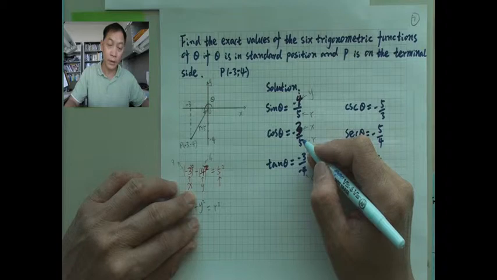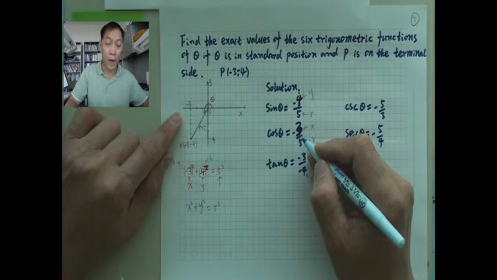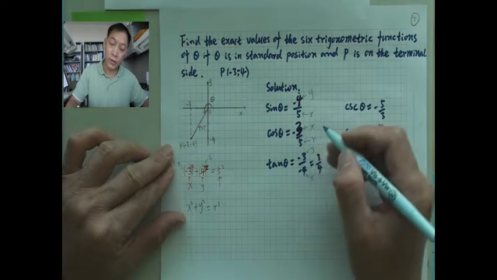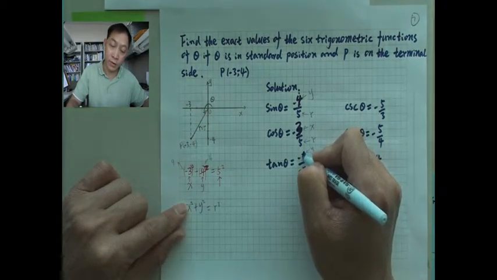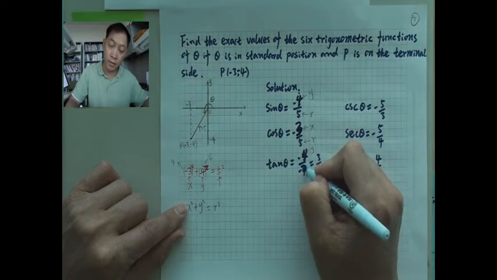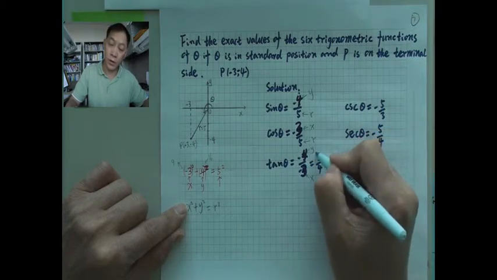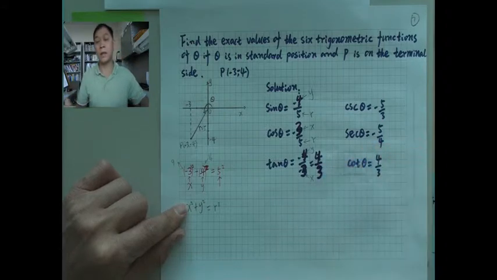Okay. And then tangent theta is y over x. So right here, y is -4. So let me put -4 right here. And here is -3. So here is 4, here is 3. Okay?